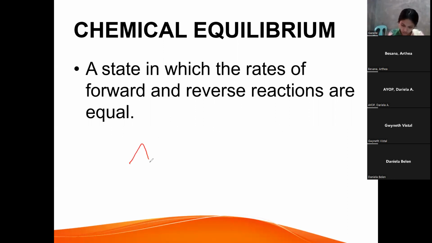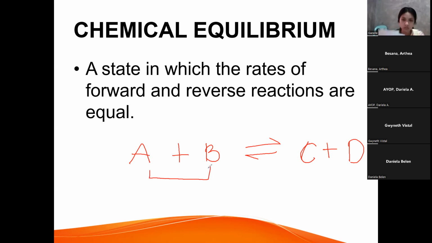So example, meron kang compound A, pinag-react mo siya sa compound B, and then this will result to, example, another two compounds, C plus D. So this part here for the chemical reaction are called the reactants.